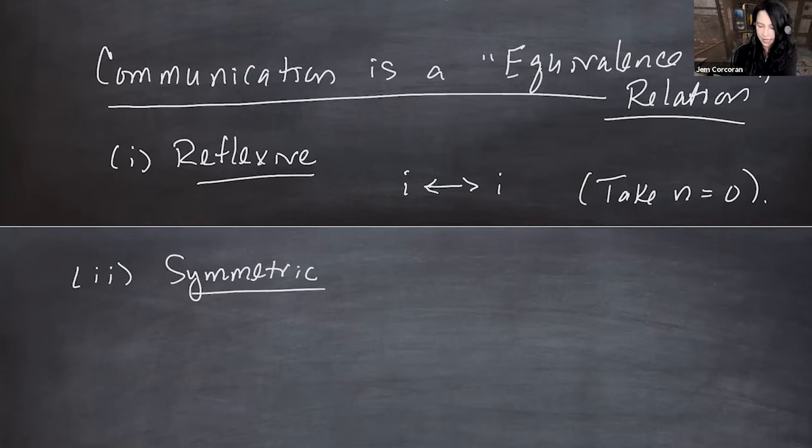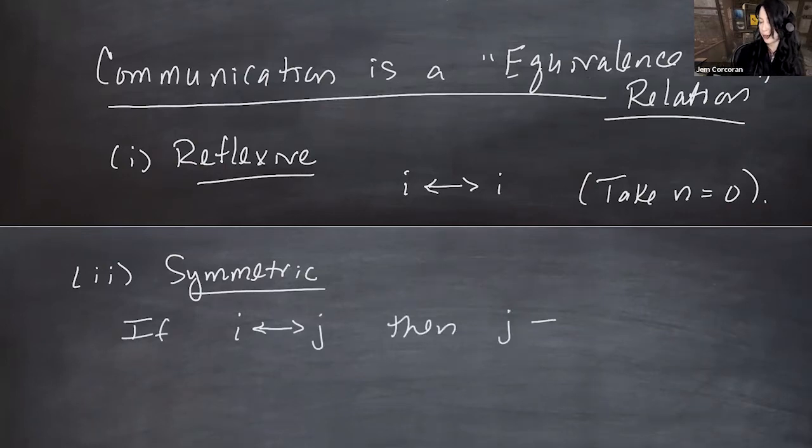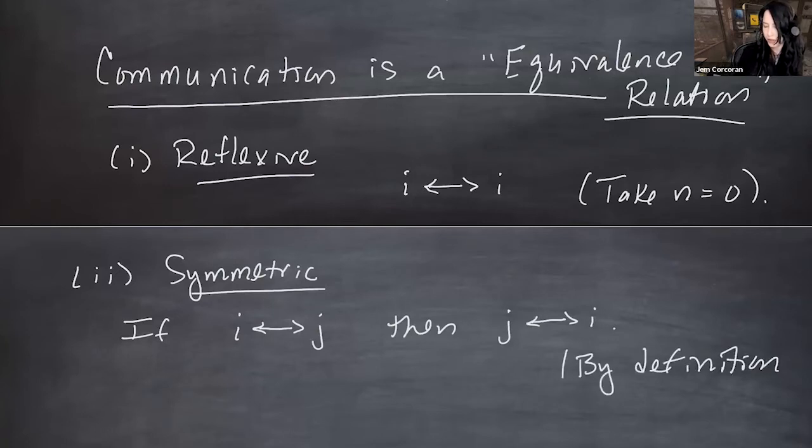And that means that if I communicates with J, then J communicates with I. And this is totally by definition because communication meant that we can get from one to another. So there's really no proving it's symmetric.